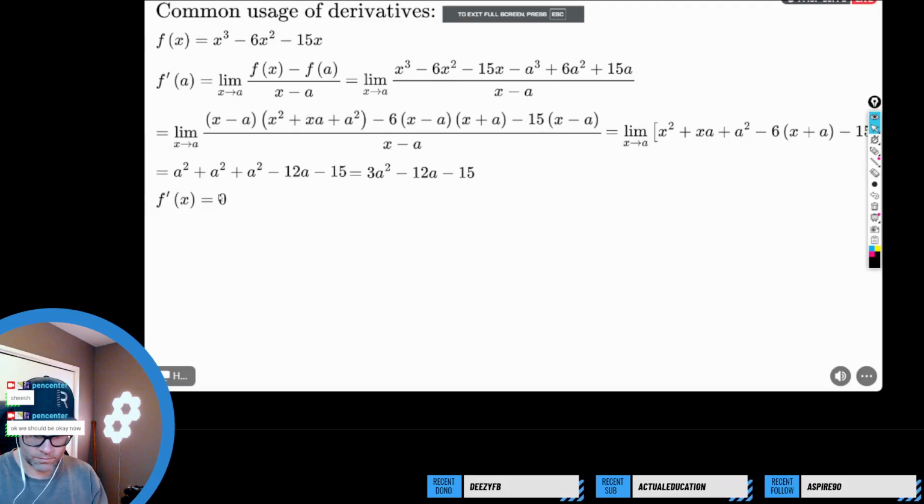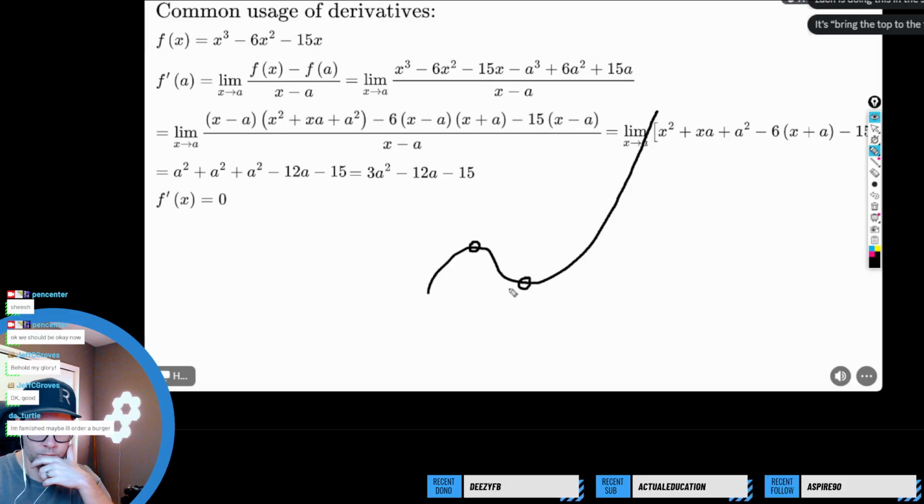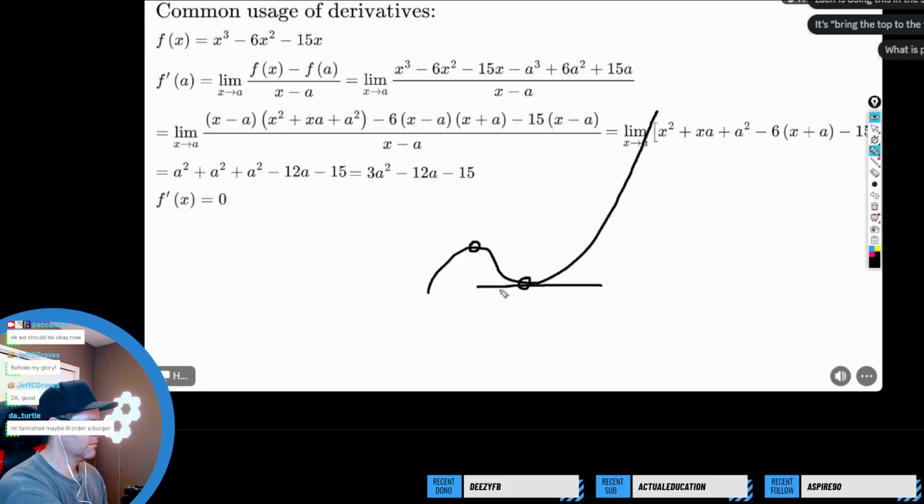Now we need to find when it is equal to 0, because if we have some function, for example, we can see that the tangent line at the minimum and maximum points is parallel to the x-axis, and its slope is 0.